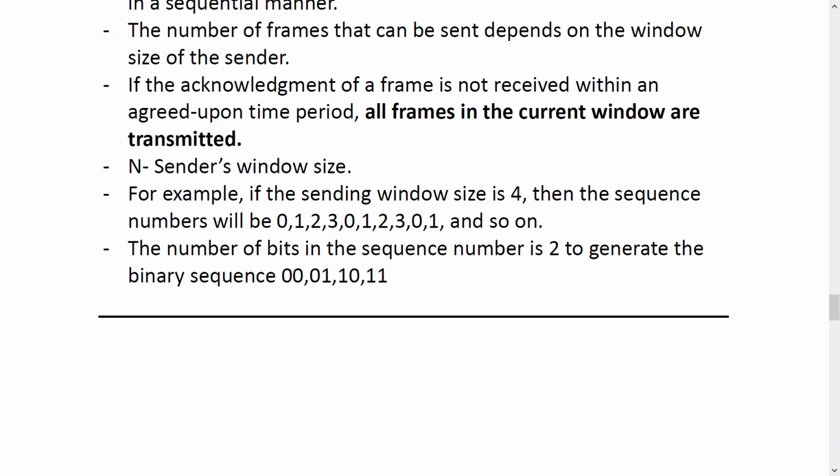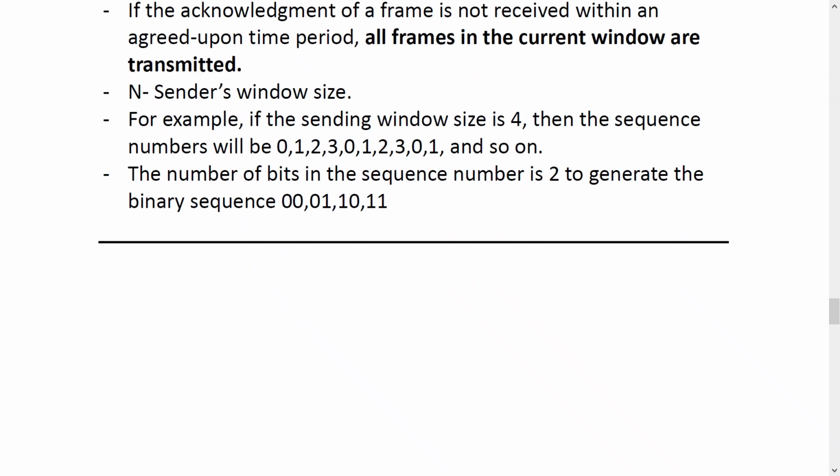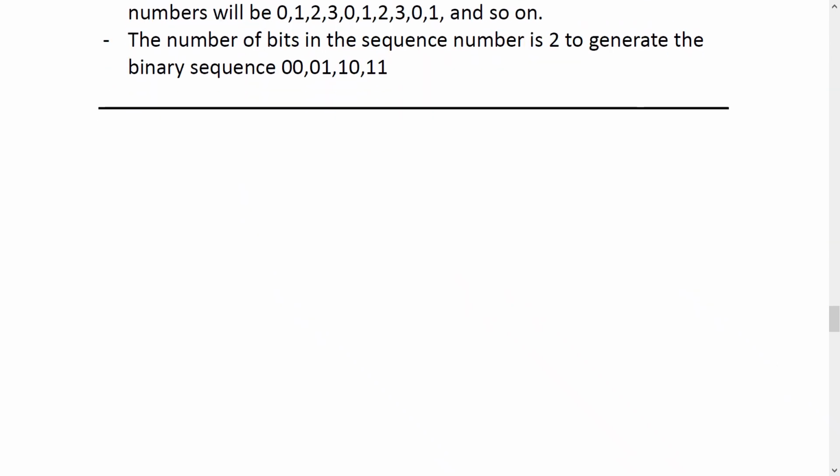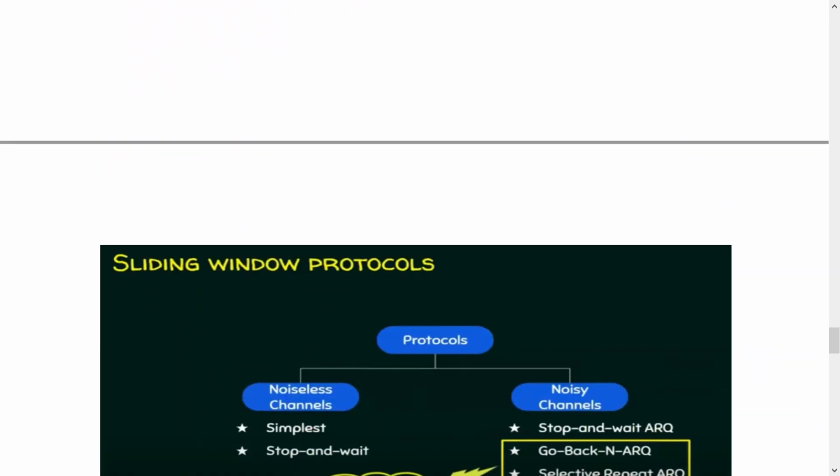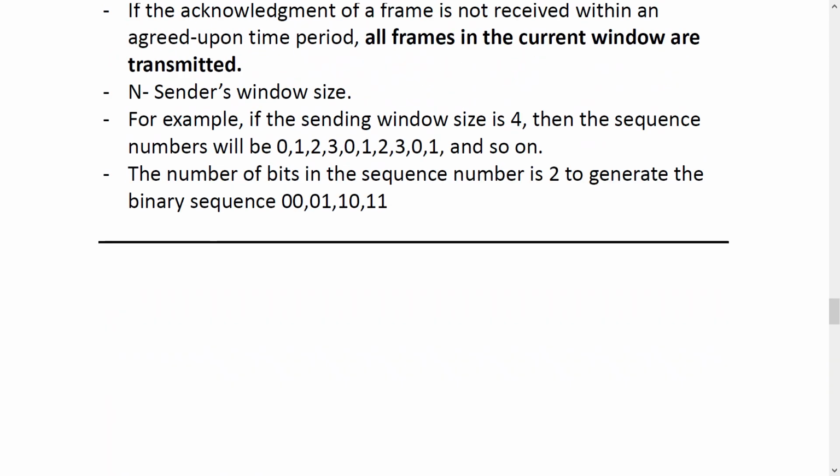If your window size is 4, how many bits do you need to represent sequence numbers? You need 2. If the window size is 8, how many bits do you need to represent each sequence number for each frame? 3, and so on and so forth. So this can also be a potential question here.